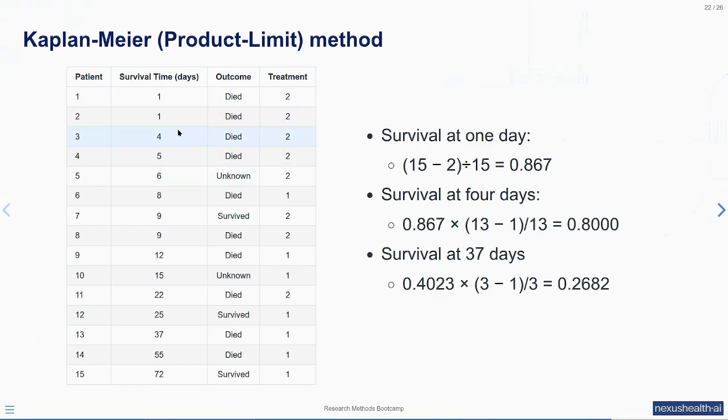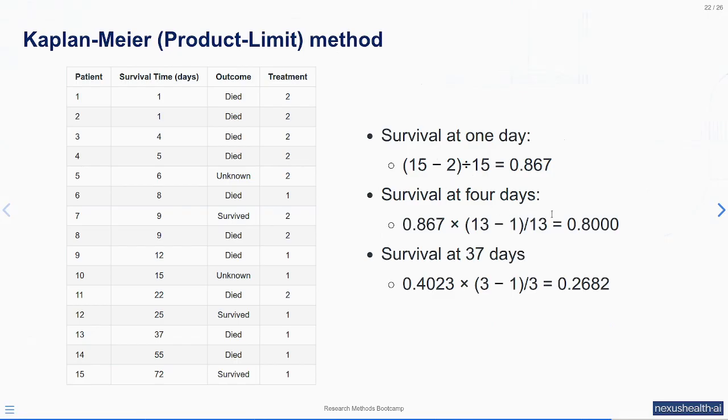The next time period here is day 4. Right? On day 4, we have at the beginning of day 4 13 subjects, because remember 2 have died, and then one of these people died. Right? So you have 13 that you began with minus the one that died divided by the 13.